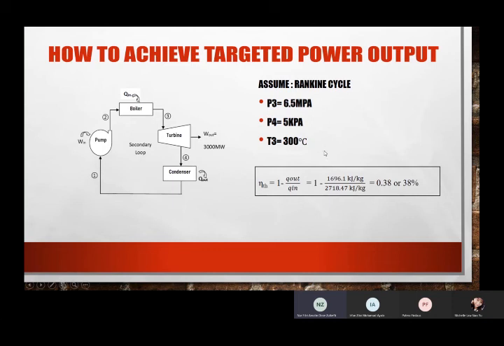For the inlet temperature of the turbine T3, we assume the value to be 300 degrees Celsius. By performing all the calculations using the Rankine cycle concept, the efficiency we got is 0.38.